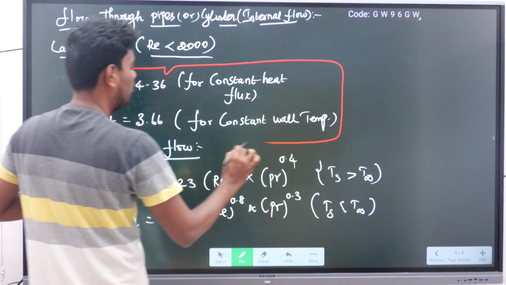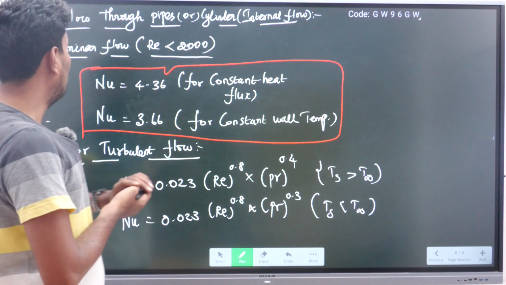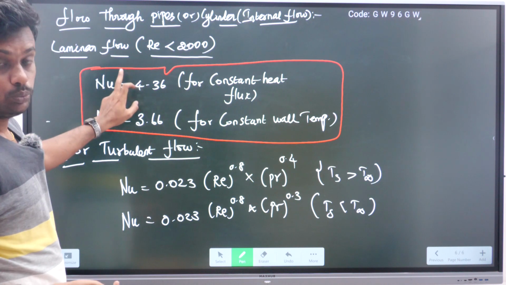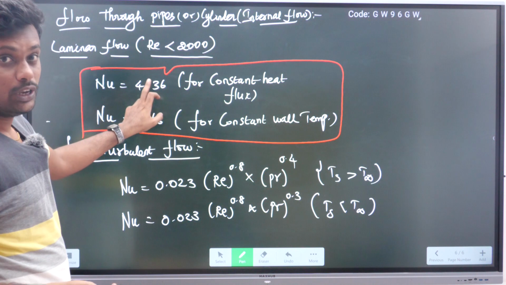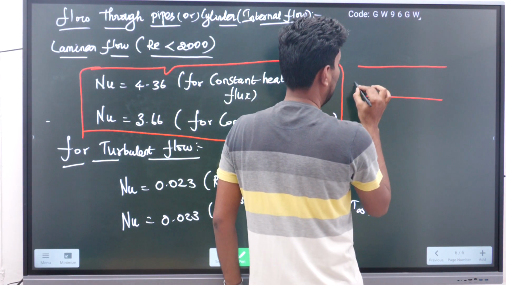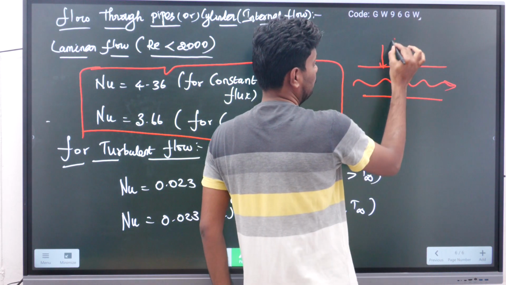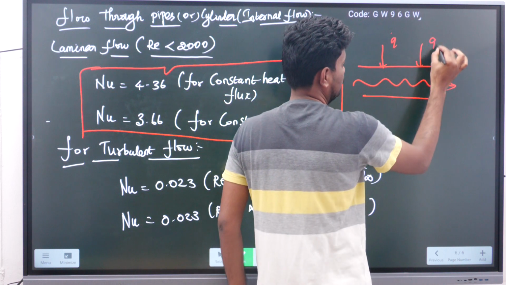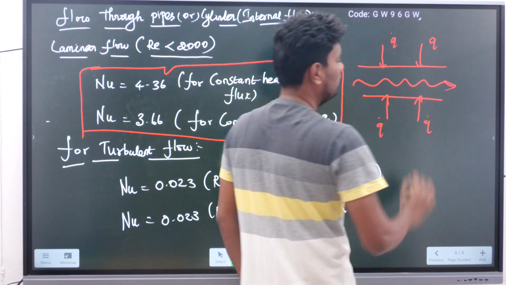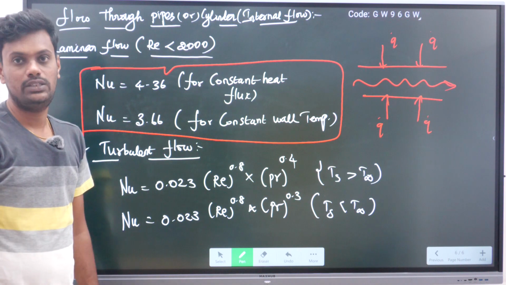This is important, in some examinations they ask only these values. What is the Nusselt number for flow through pipes if it is laminar flow? Please note this down and don't forget. Suppose there is a pipe with liquid flowing inside, and you apply constant heat flux on the wall of the tube, then the Nusselt number is 4.36.